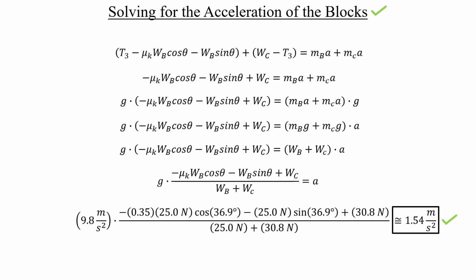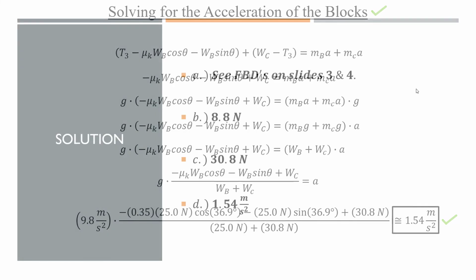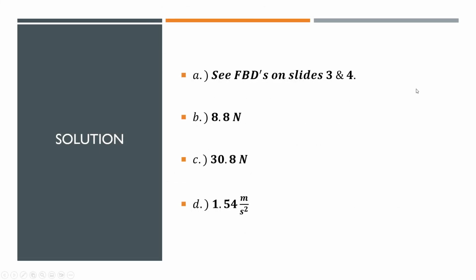Let's bring everything together on the solution card and review what we did here. In part A, on the 3rd and 4th slides of this video, we drew complete free body diagrams of blocks A and B. So check back on those if you need to see what that looked like. In part B, we calculated the tension between block A and block B, which we called tension 1, or T1, and that's the 8.8 Newton value that you see here.